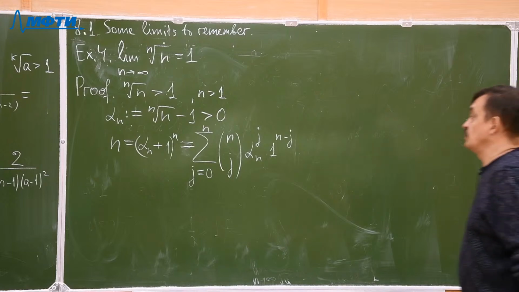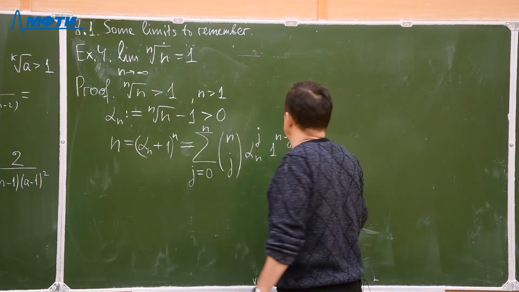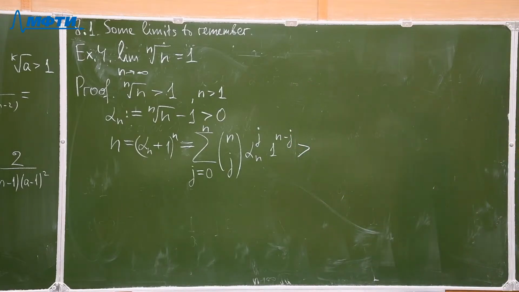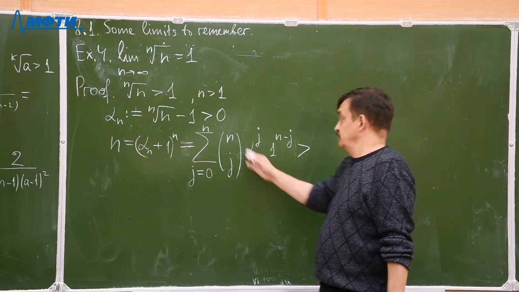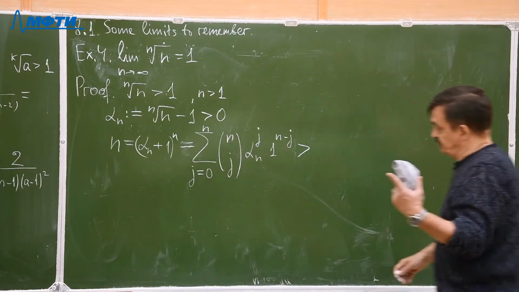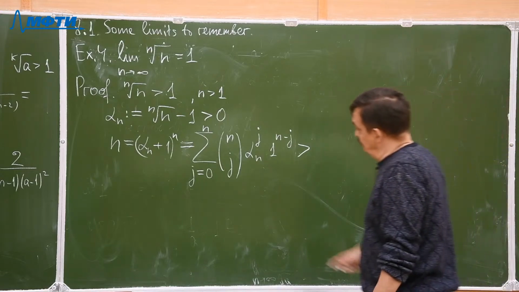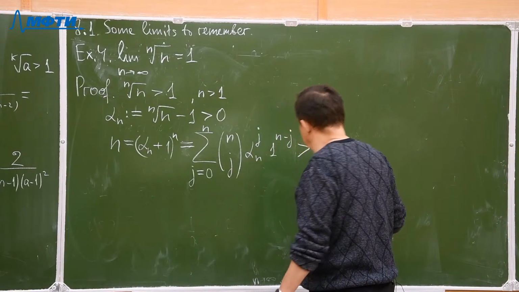Alpha n is positive, hence we have positive terms, we have n plus 1 positive terms in our sum. So the sum is greater than just one term, and here I'll choose the term with j equals 2.